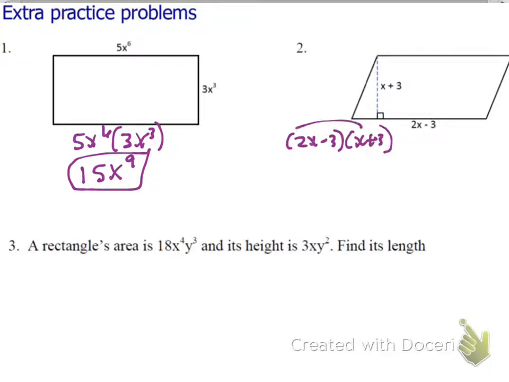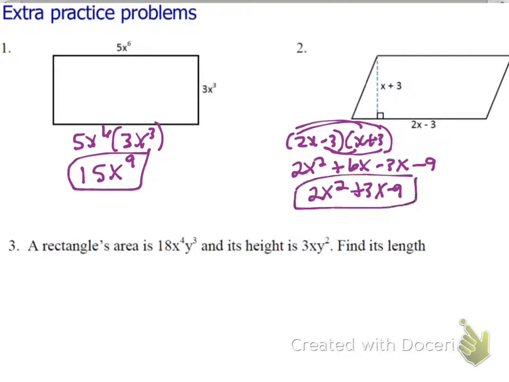You would FOIL, so 2x squared plus 6x minus 3x minus 9. So it'd be 2x squared plus 3x minus 9 units squared, or whatever. I didn't do that on the last one. I don't really need to.